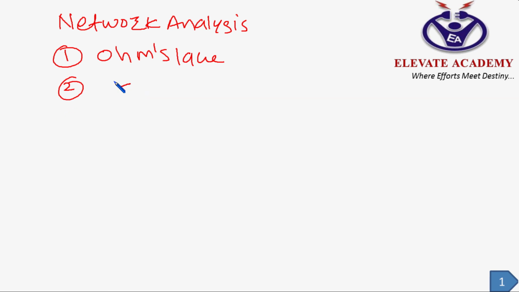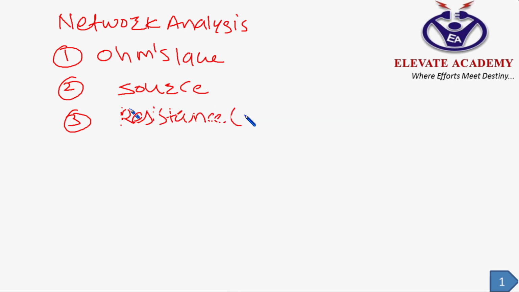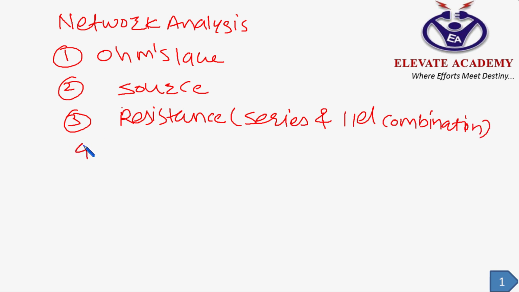Third part, your source, resistance, means series and parallel combination. Then fourth part, circuit and its topology.